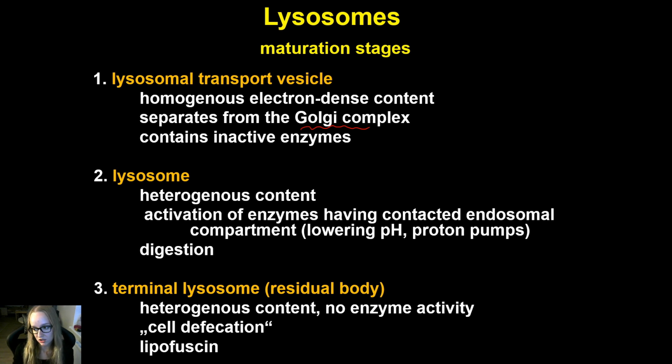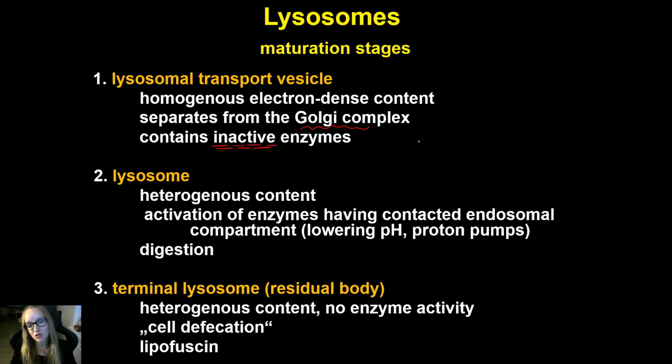From the endoplasmic reticulum, they are transported via vesicles, which are released via dynamin, into the Golgi complex, where these post-translational modifications of the enzymes happen. And from the Golgi complex, the Golgi complex creates these lysosomal transport vesicles, which contain lysosomal enzymes, but they are inactive.